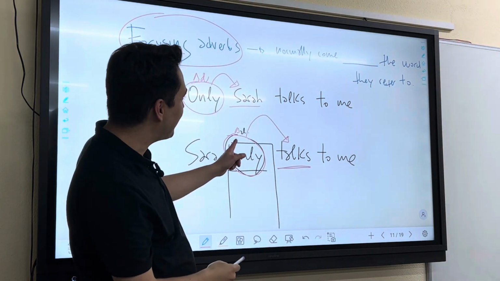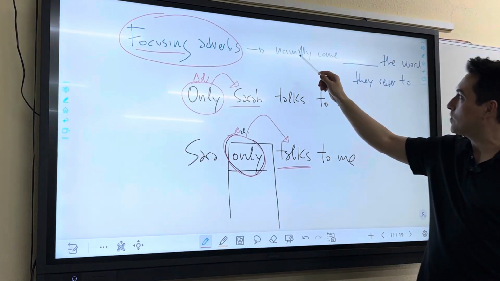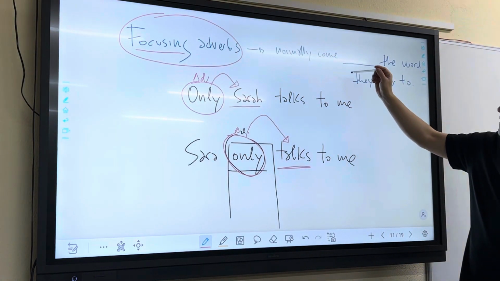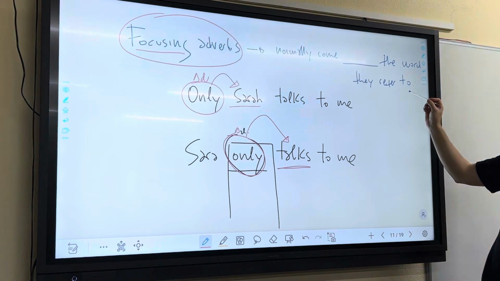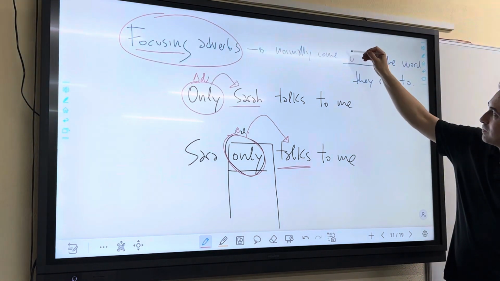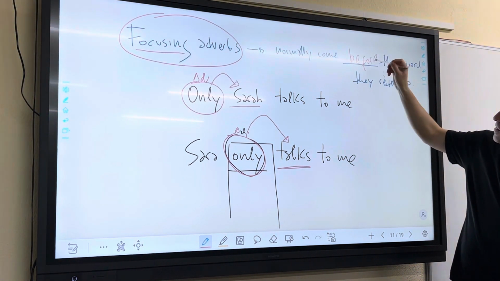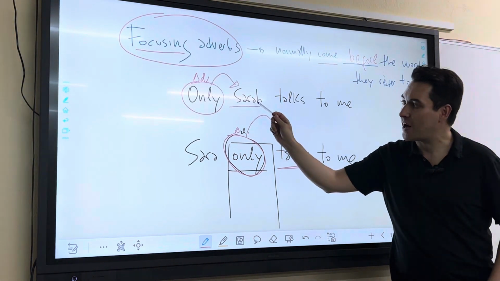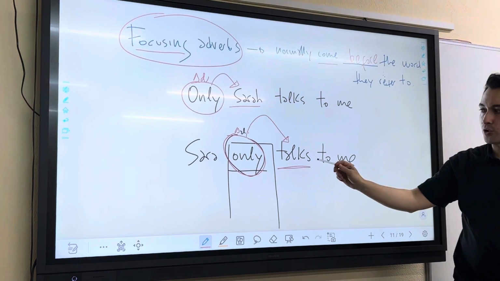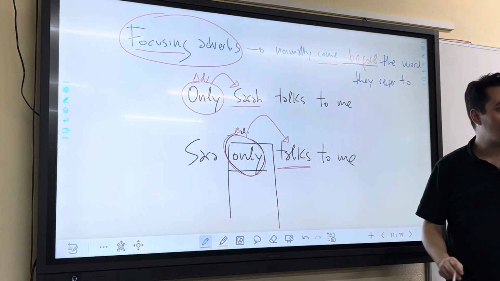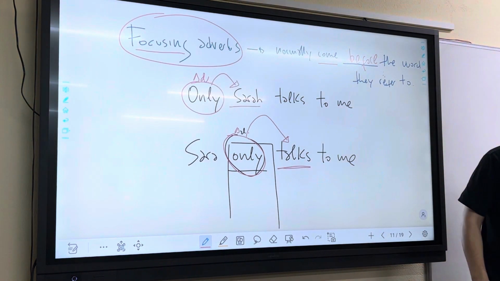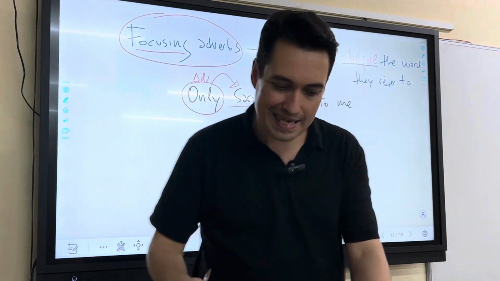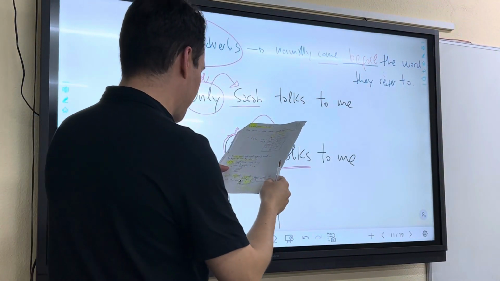So what are we learning here? A focusing adverb normally comes before the word they refer to. Before Sarah, because it refers to Sarah. Before talks, because it refers to talks. Okay? Only is an example of a focusing adverb. There are many others.